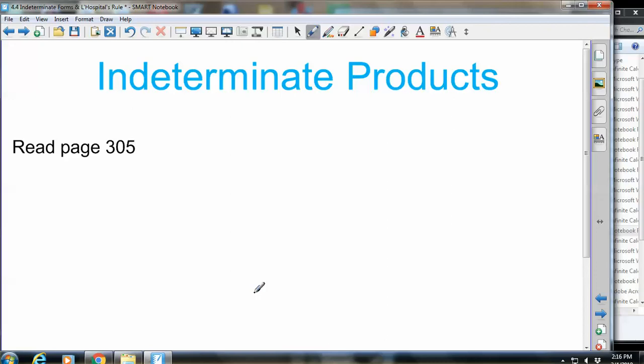Who will volunteer to read just that little paragraph on indeterminate products, towards the upper middle part of the page?